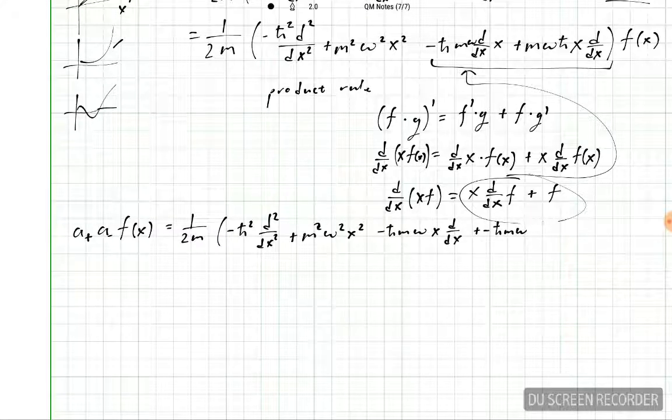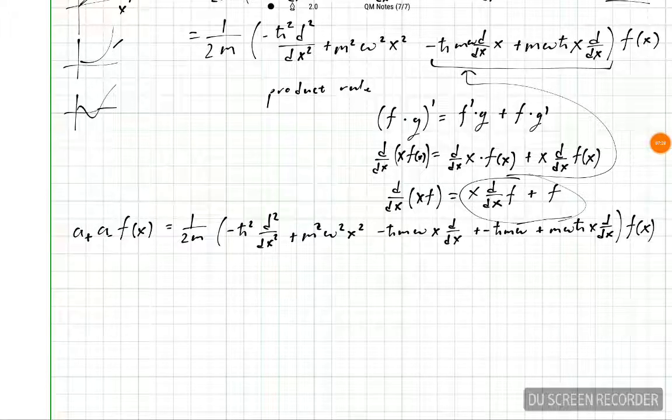And then we have plus m omega h bar x dx. And then that's all acting on this guy.